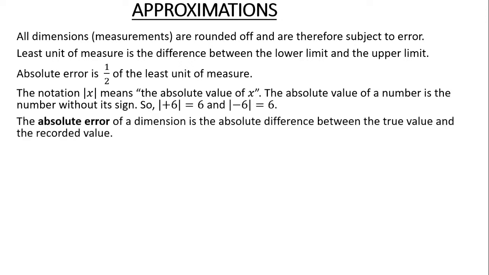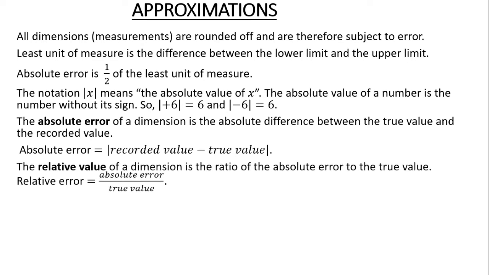The absolute error of a dimension is the absolute difference between the true measure or true value and the recorded value. Absolute error equals the modulus of the recorded value minus the true value. The relative error of a dimension is the ratio of the absolute error to the true value.